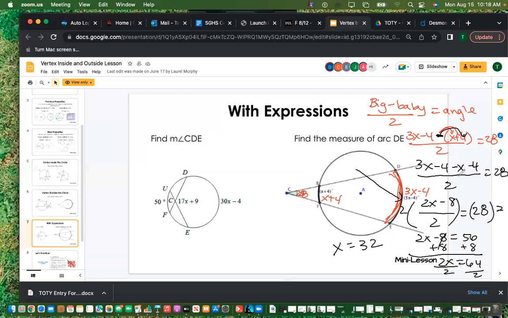In the arc, it's x plus 4 and then 3x minus 4. So you wrote 3x minus 4 and then x minus 4. So you take this big one, which is 3x minus 4, right? Yeah, okay. So you got 3x minus 4 minus, inside this little one is x plus 4. So that's going to be in parentheses x plus 4, right?